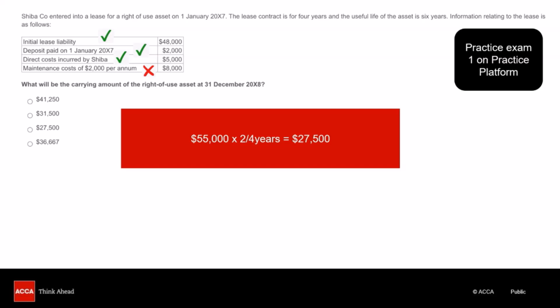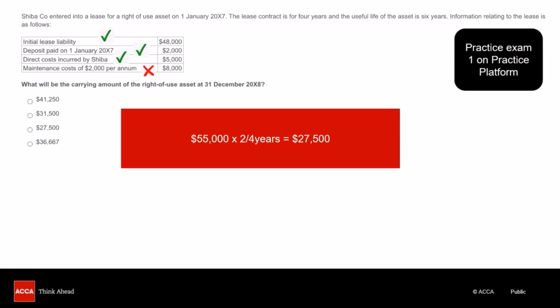right of use asset. Over here, the question is saying that the acquisition was done at the 1st January 2007 of the leased asset, and the question is asking you to calculate the carrying amount of right of use asset at 31st December 2008. So this means that the asset was obtained 2 years ago, and now we have to tell the examiner the value after 2 years from the commencement of the lease term.